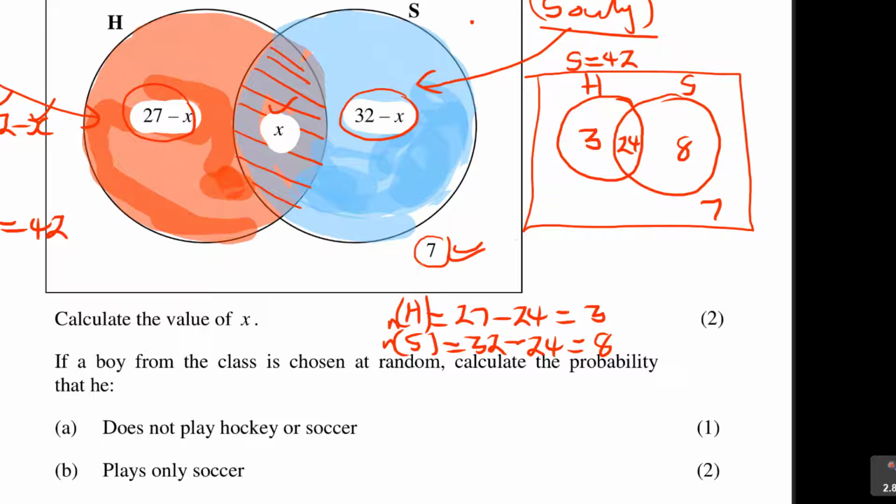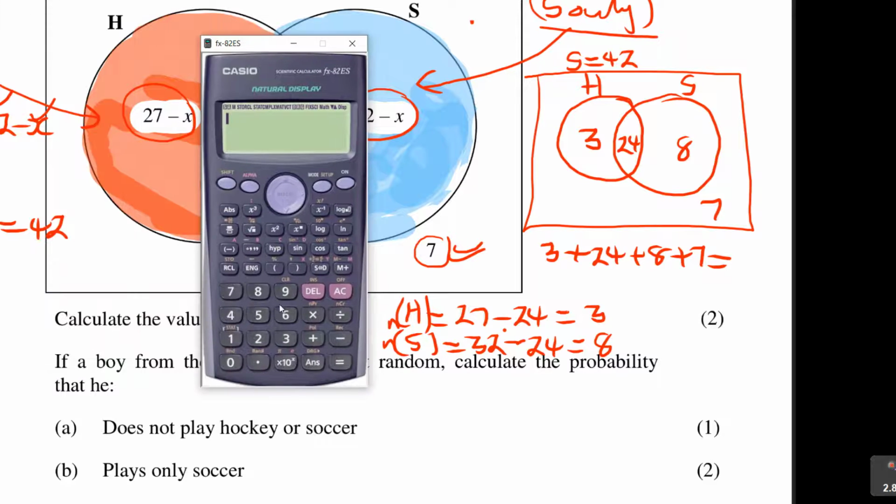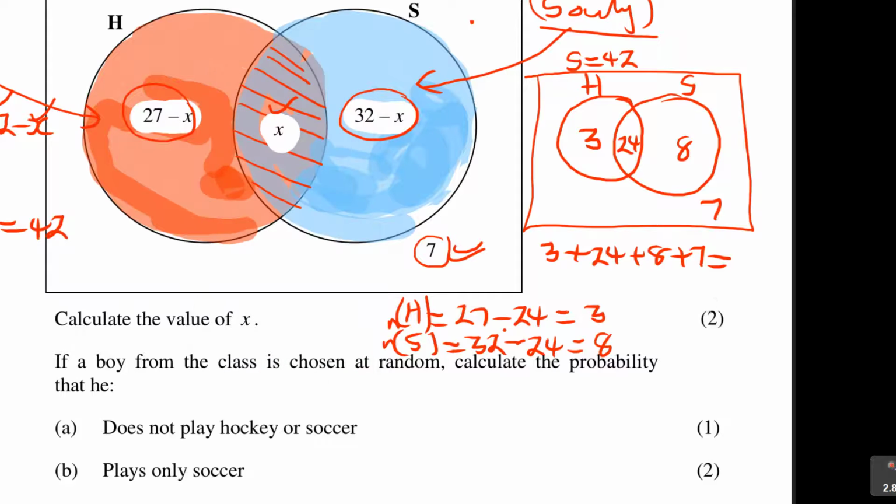So now if you can add all these numbers, 3 plus 24 plus 8 plus 7, let's add that and see what we are going to get. If I say 3 plus 24 plus 8 plus 7, I'm getting 42. You see that? So now it is giving me actually our sample space, which was equal to 42.